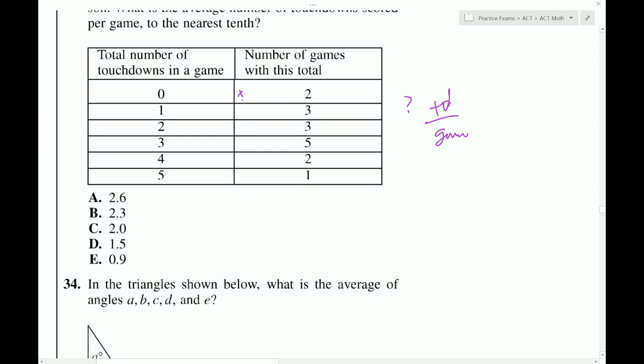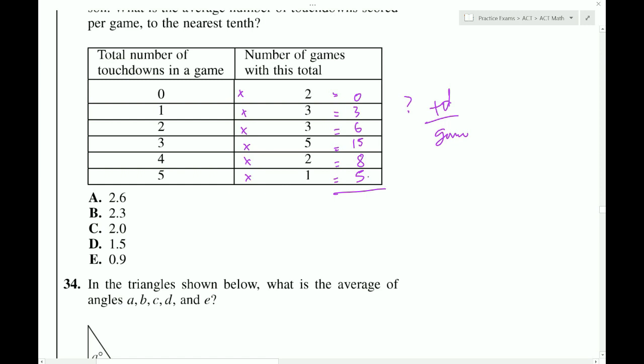So you'd have to multiply these, okay? And that will give you your total number of touchdowns in that category. So you've had 5 touchdowns in a game once. That's 5 touchdowns. You've had 4 TDs in a game twice. That makes 8, 15, 6, 3, and 0.